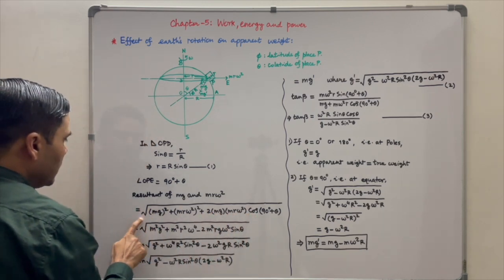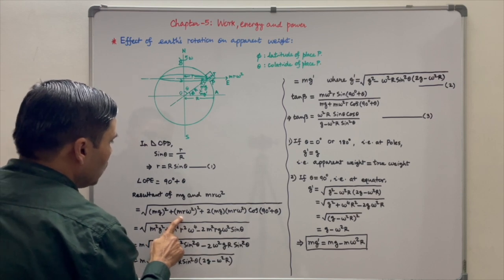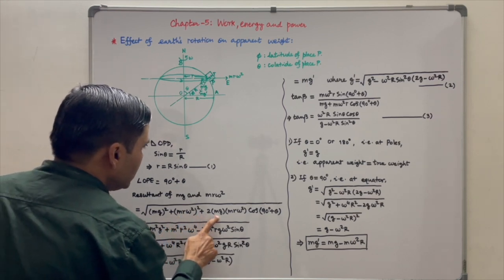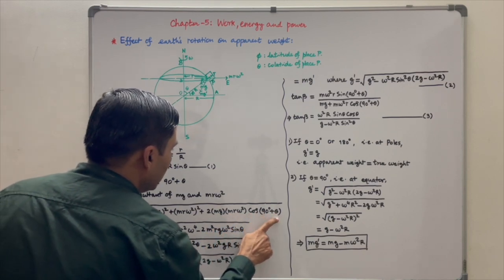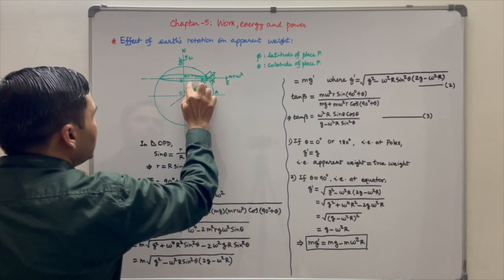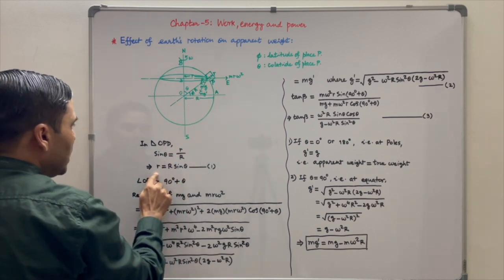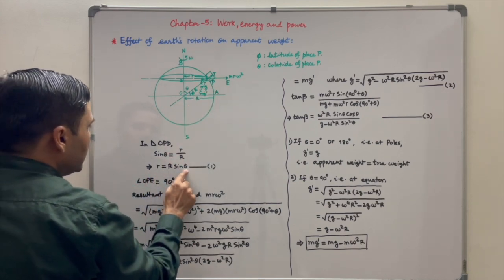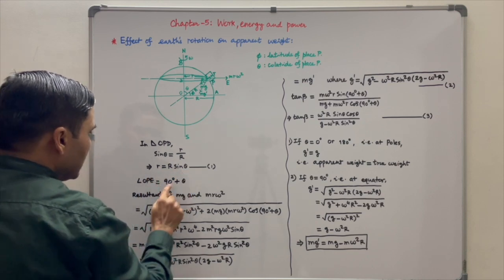So it will be under root mg whole square plus m small r omega square whole square plus 2 into mg into mr omega square into cos of 90 plus theta. Now, in this right angle triangle, sine theta is equal to small r upon capital R. So small r is equal to capital R sine theta. Put small r equal to capital R sine theta here.